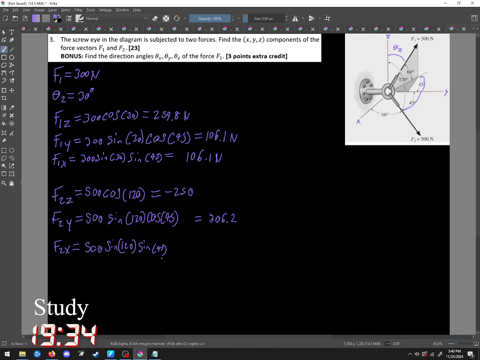But perhaps now we have this angle here, which we know is 60. So would this then be cosine 60?